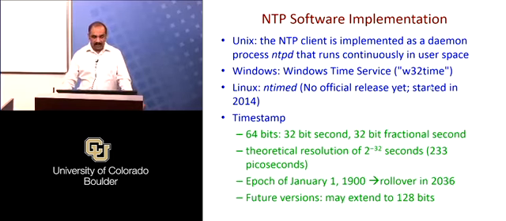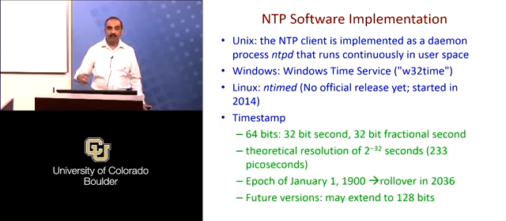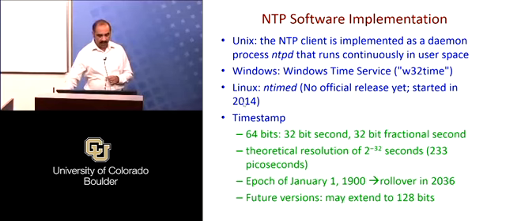In Windows, there is a time service called W32 time. In Unix, there is a daemon process called NTPD that runs regularly. Basically, it contacts the server, gets the time, and synchronizes it. Linux also was using NTP, but more recently, I think back in 2013 or 14, they started implementing their own version of NTP, and they are calling it N-timed.